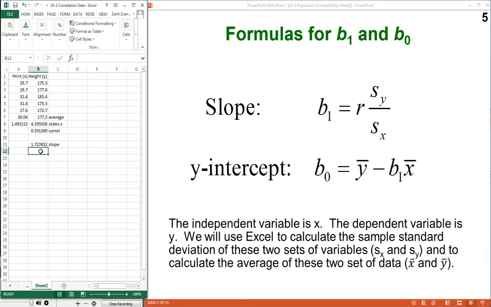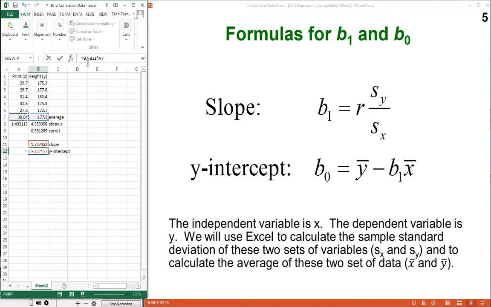And then the y-intercept. Let me say the y-intercept. That's going to be the average of our dependent variable. So we'll say equals the average height minus b1, which is the slope, times the average of the x variable.